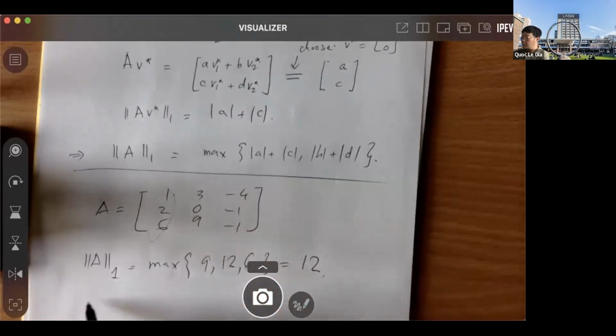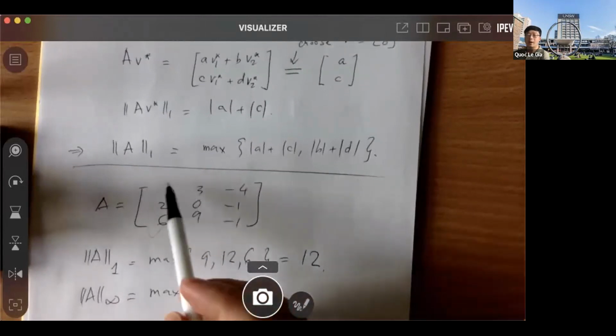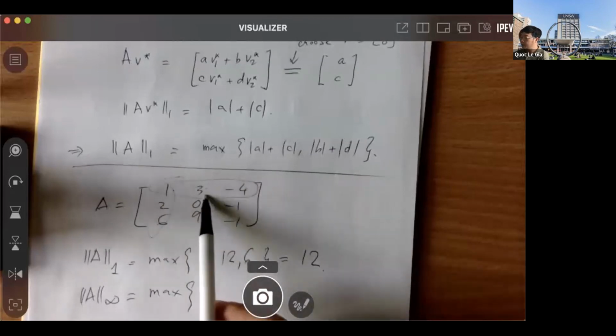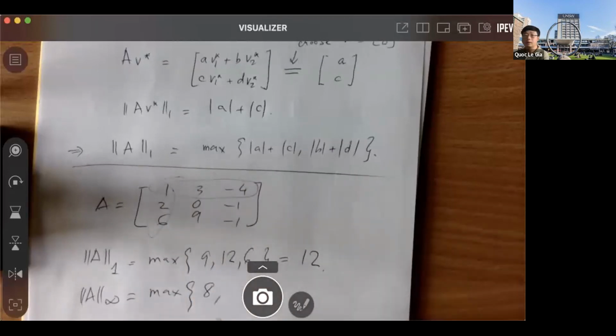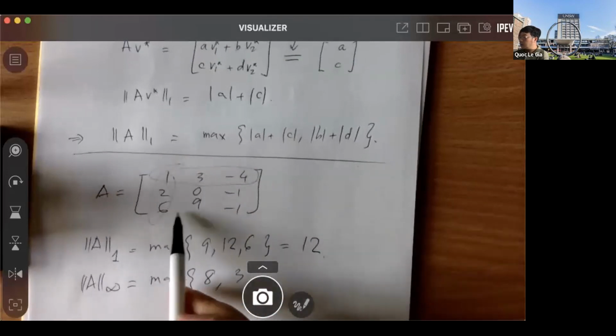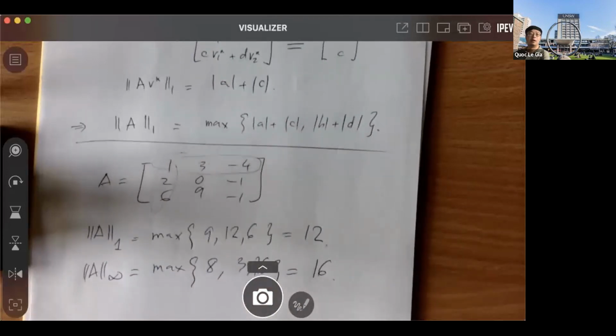And for the infinity norm, you take the max of the row sums in absolute value. So 1, 3, 4 is 8, and 2, 0, 1 is 3, and this one is 16, so it gives you 16.